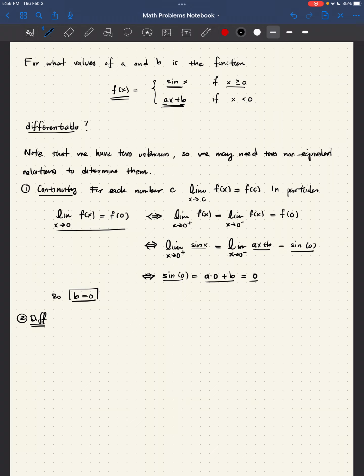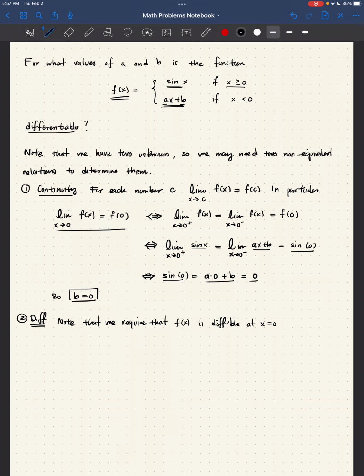In particular, the function should be differentiable at 0. But how do we translate this into equations?